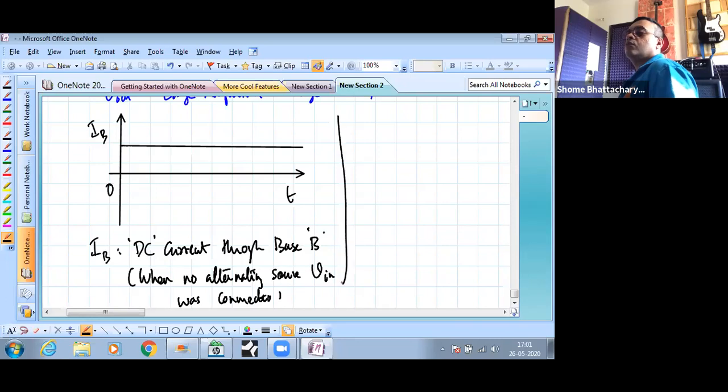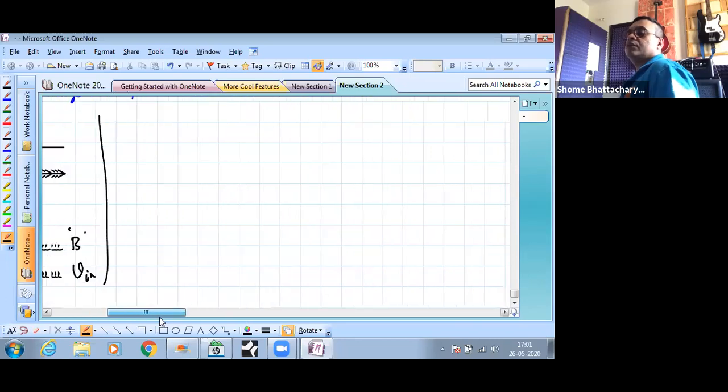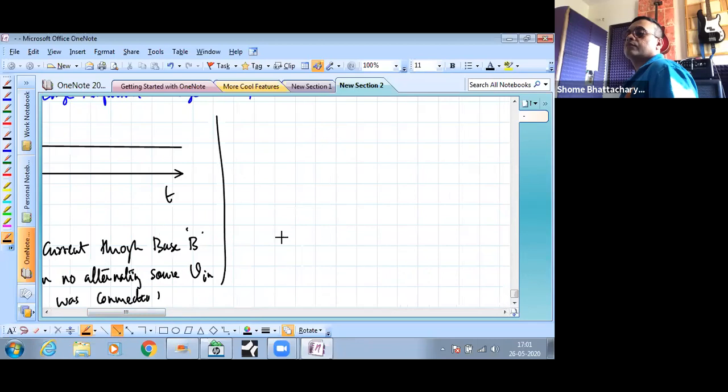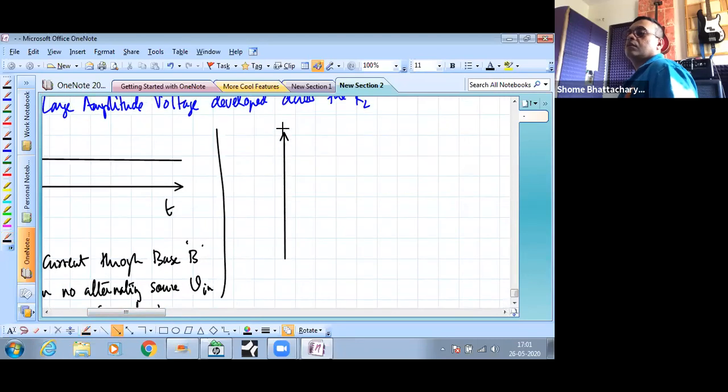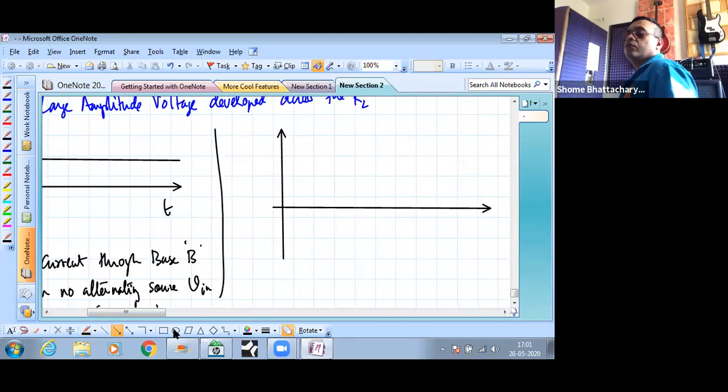But as opposed to this, what will happen is when I connect that voltage, that will make the net voltage across the base emitter junction vary.